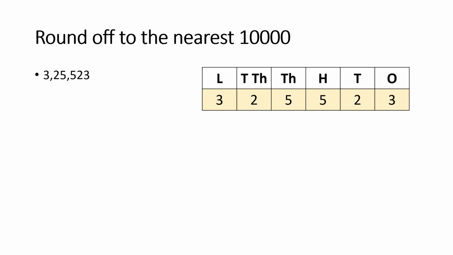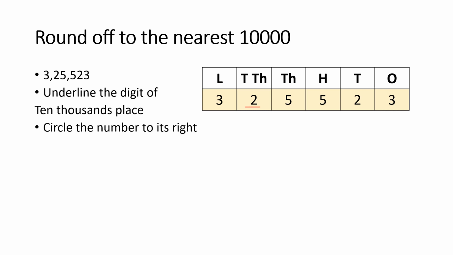Let us take one more example. The number is 3,25,523 and we have to round off to the nearest 10,000. At first we will underline the digit at the 10,000's place. It means we will underline this 2. The next step is to circle the number to its right, which is 5. We will circle it and compare this 5 with 5.